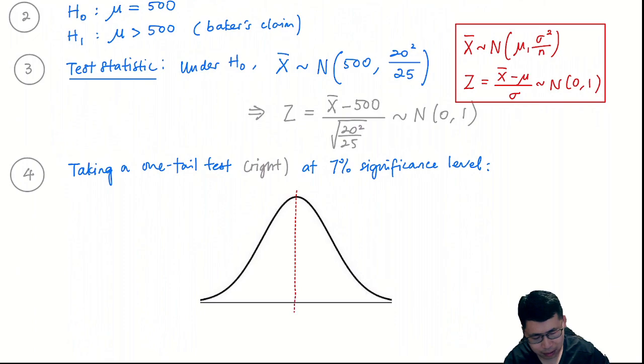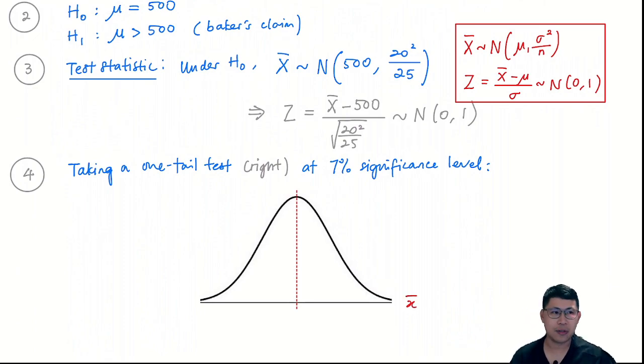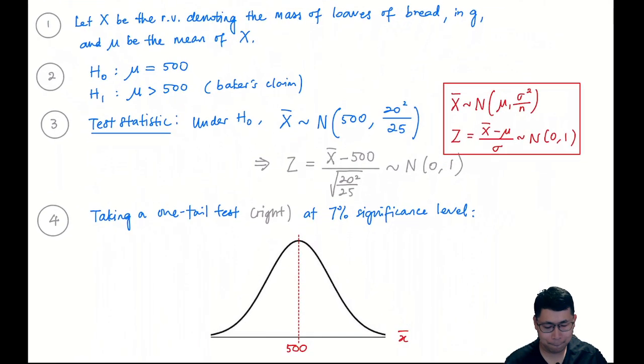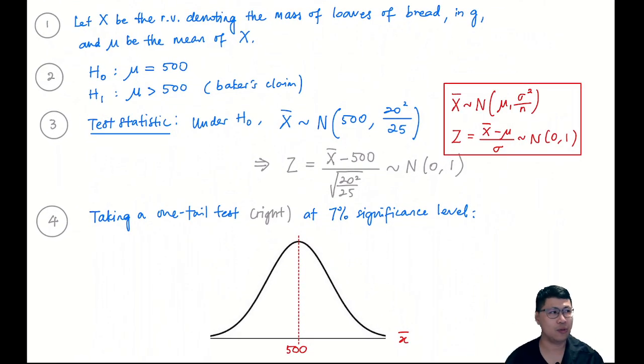The bell curve itself is symmetrical about the population mean. These are all values of the sample mean, so this is X bar, and the one in the middle is symmetrical about 500, which is our population mean. So this would be step 4, steps 1 to 4 to set up the test that we are about to do.